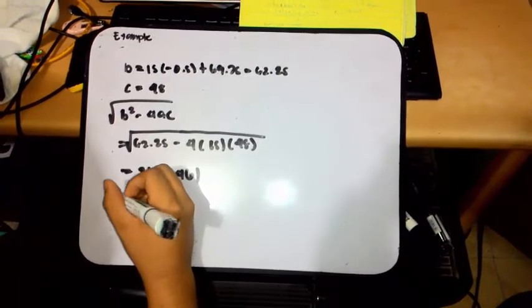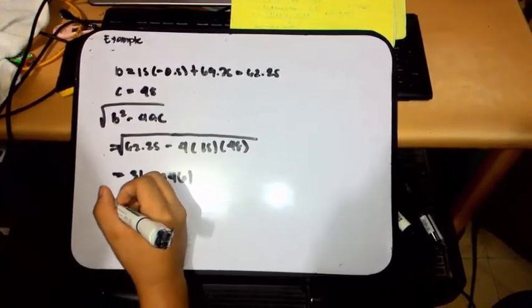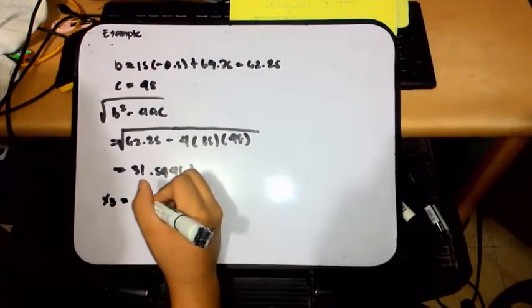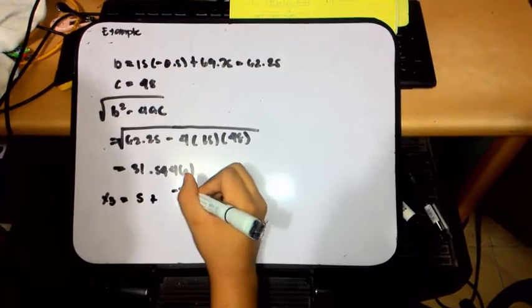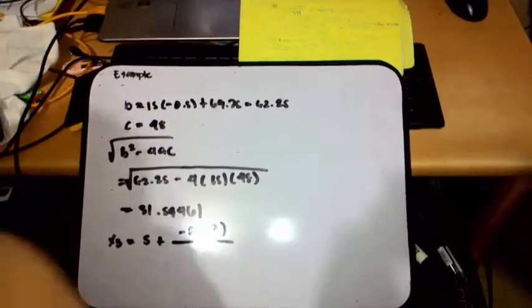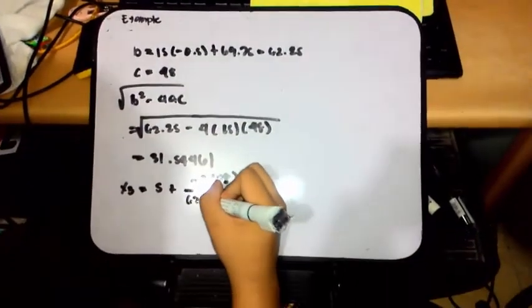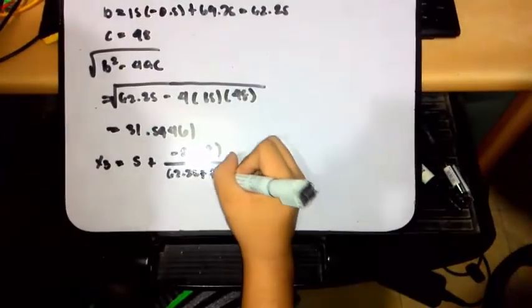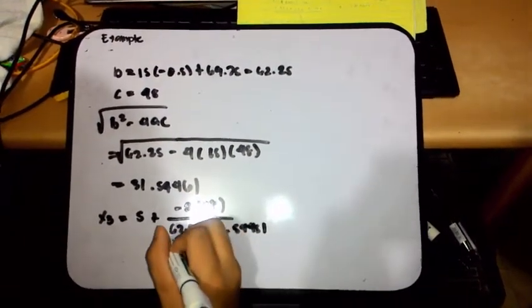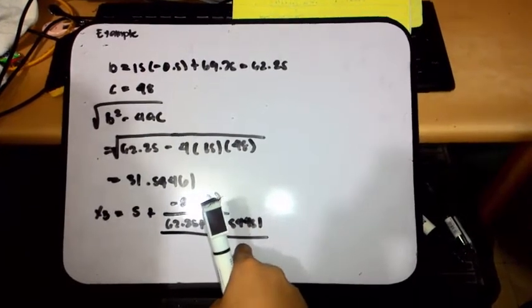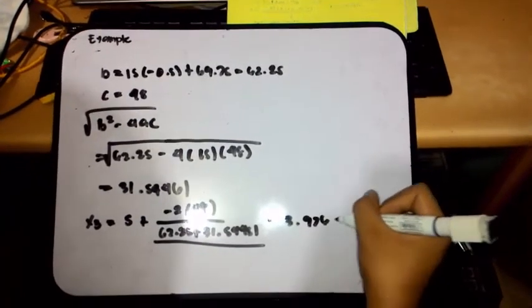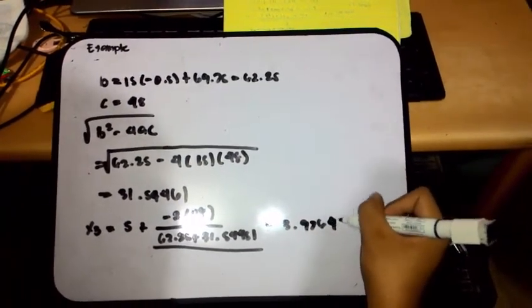Now we will use the formula for getting our next x, which is x sub 3 equal to 5 plus negative 2 multiplied by 48 over 62.25 plus 31.54461, which is the maximum value of the denominator, and that is equal to 3.976487.